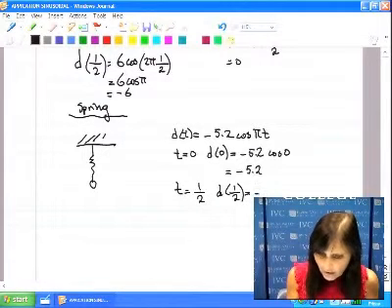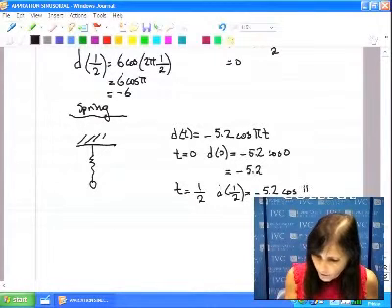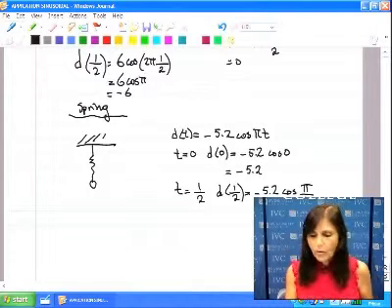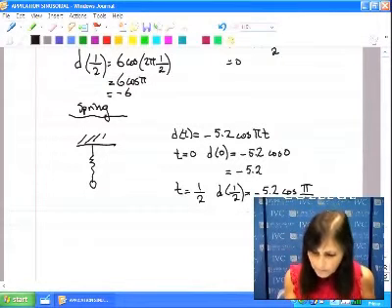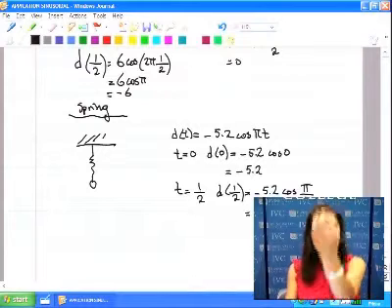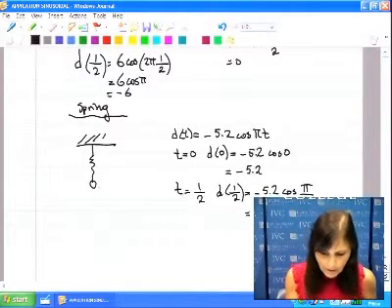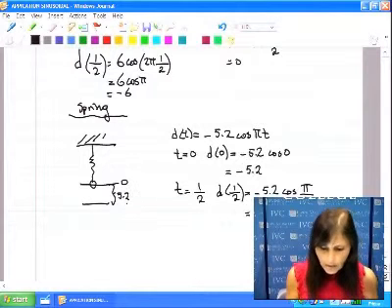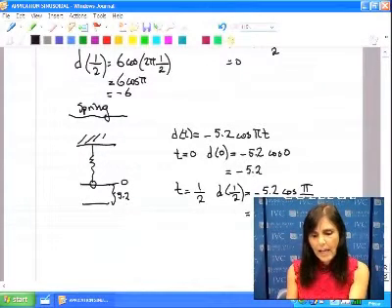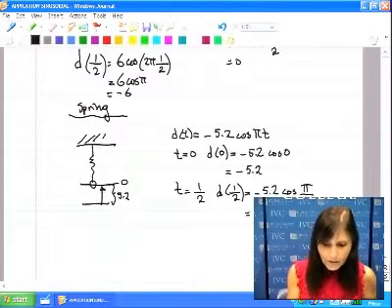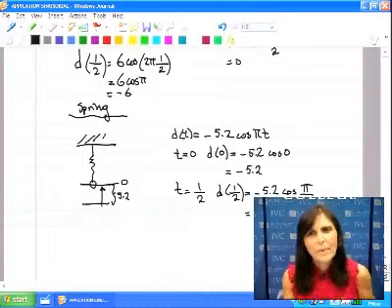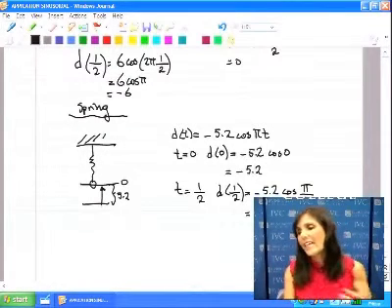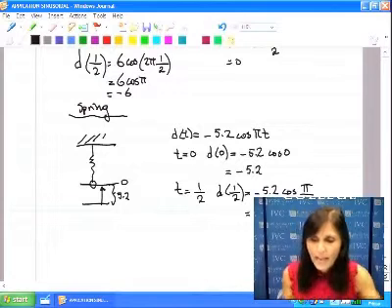That's going to be -5.2 cosine of pi over 2. And I know cosine of pi over 2 is simply 0. So it was at -5.2. Okay, we started at that, and then we let go, and it bounced back to 0. Does that make sense? So you can actually plug in numbers and kind of get that.